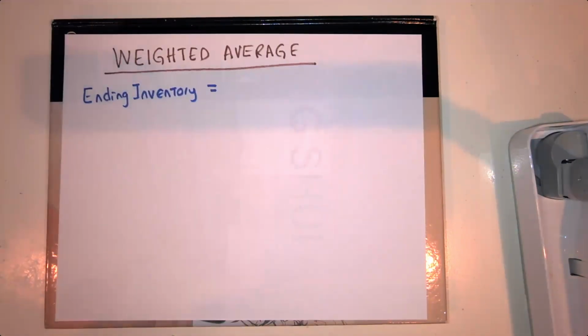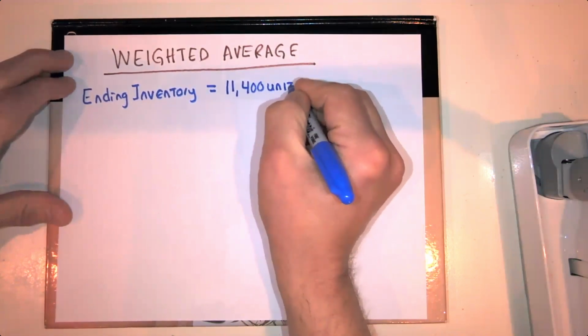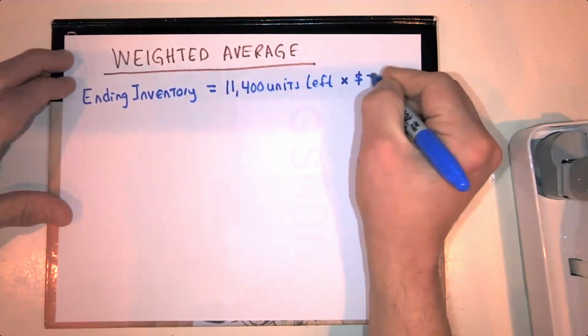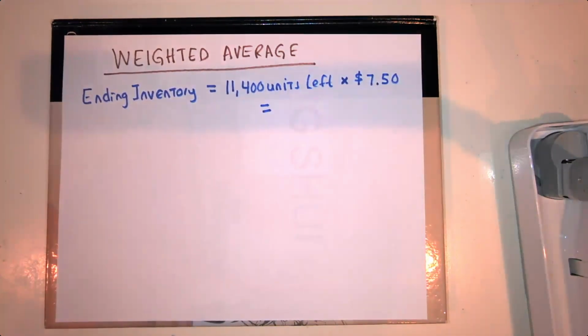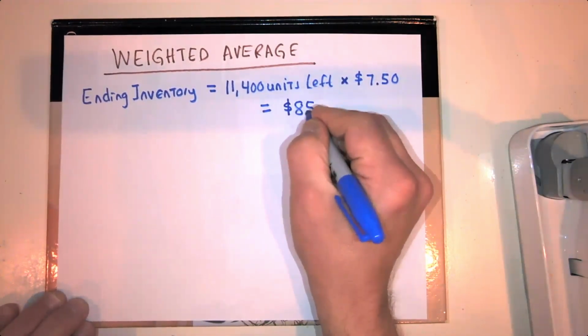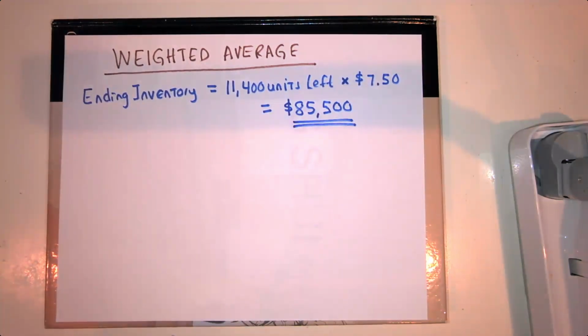So to get our ending inventory, take the 11,400 units we had left times the weighted average cost per unit, $7.50. That would give us an ending inventory amount of $85,500 when applying the weighted average approach. All right, Chloe, good job. Well done. Any questions on number 3?